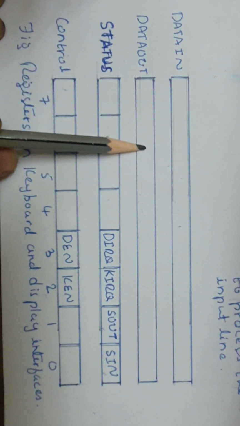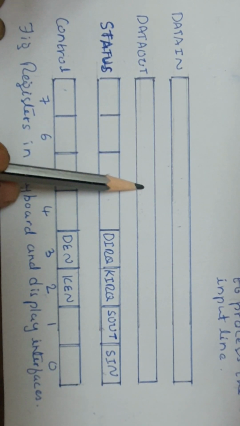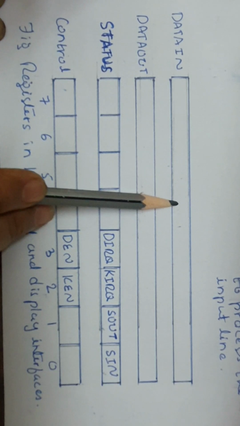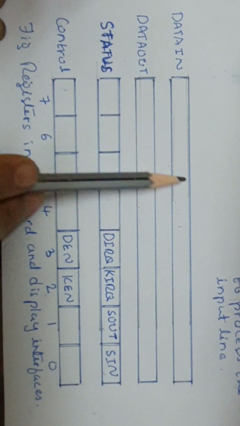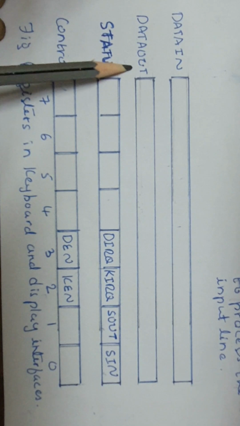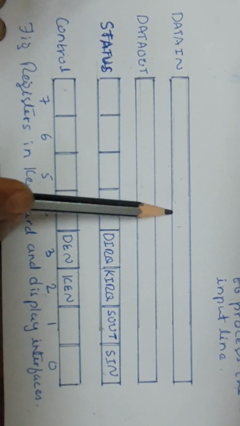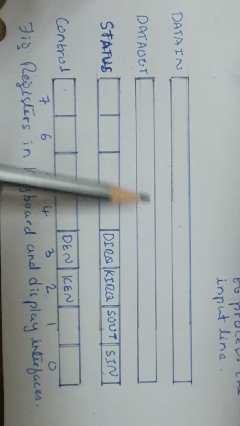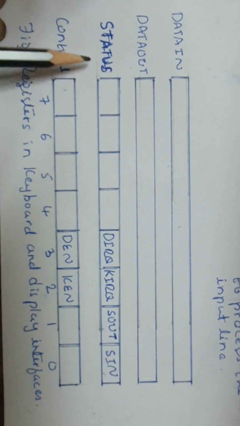DATAOUT holds the data given by the processor which is being sent to the display unit for display. So this is connected to keyboard, this is connected to display unit. So these registers' addresses will be stored in DATAIN and DATAOUT memory locations. Okay, so DATAIN memory location is connected to keyboard, DATAOUT memory location is connected to the display unit register.